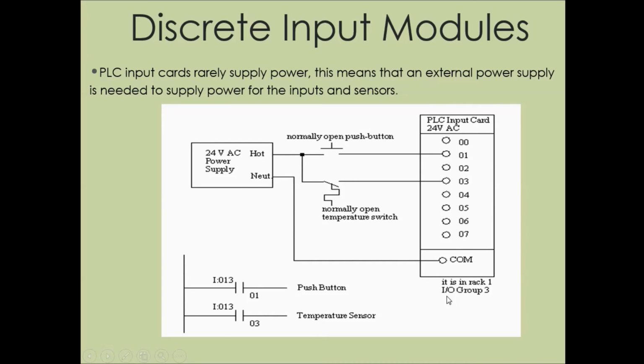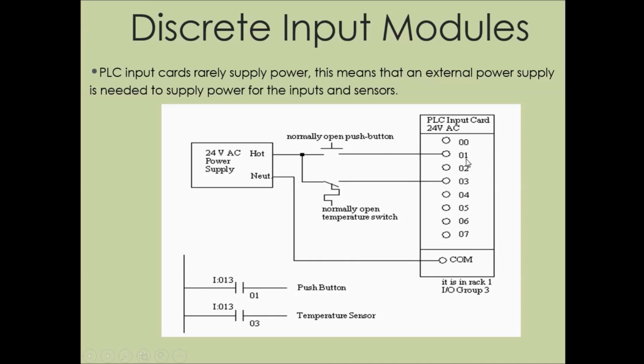Here's the PLC card. The card itself has a neutral attached to it, so it's going to supply the common neutral. When this push button here, which is discrete, is pressed, the hot on this side will be supplied to input number 01, and it will complete the circuit because the card itself has the common.